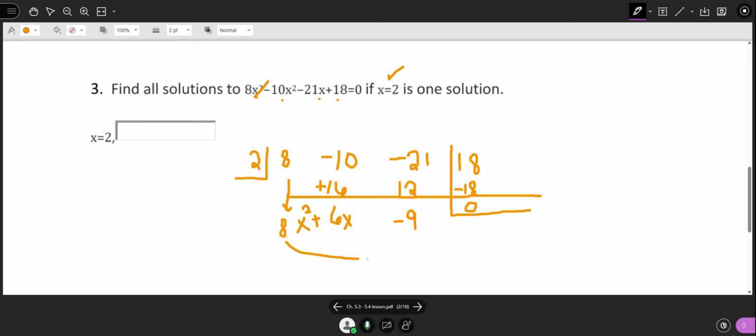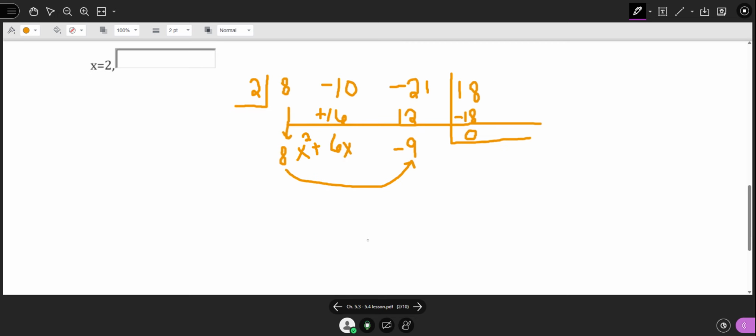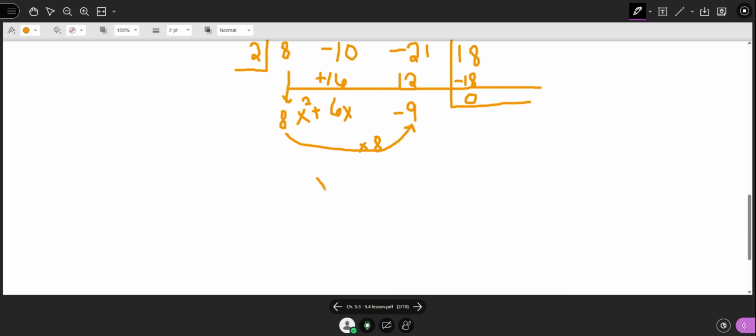So now we got to finish factoring. So times 8. So that's x squared plus 6x minus 72.